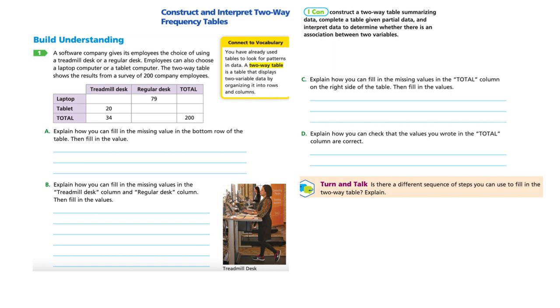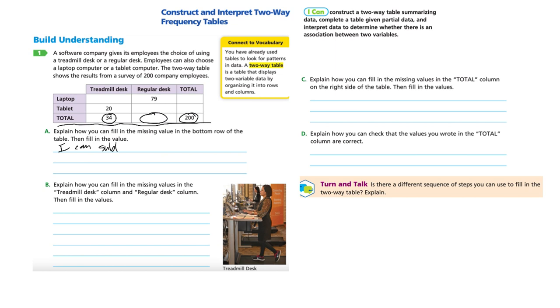So let's go and look at A. Explain how you can fill in the missing value of the bottom row. So that's this total row here. And then fill in the value. So we know that 34 plus whatever this missing value is has to equal the total 200. So we can subtract, and you can probably do it different ways, but that's one way.